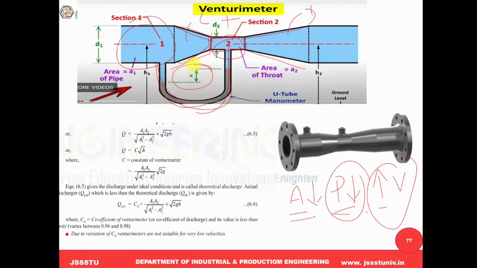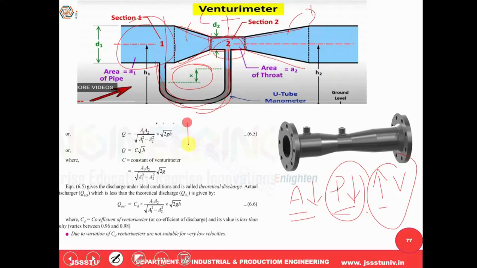This amount X will give the difference between section 1 and section 2. Based on this, I applied Bernoulli's equation at section 1 at the pipe and section 2 at the throat.